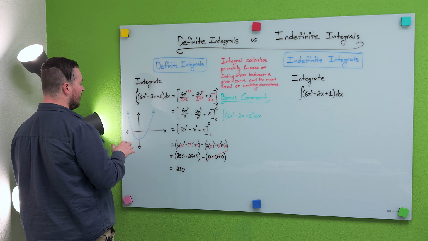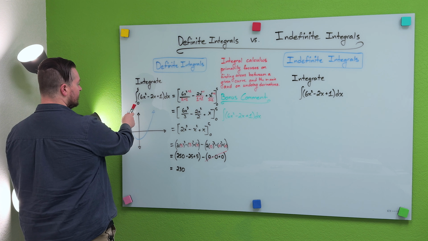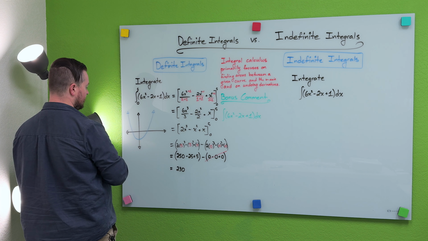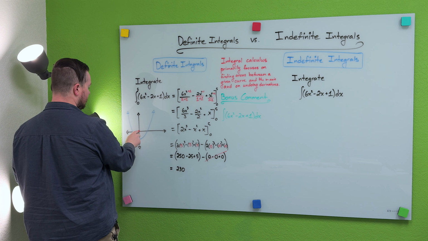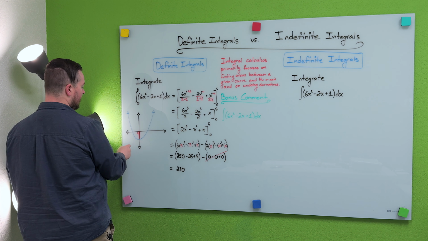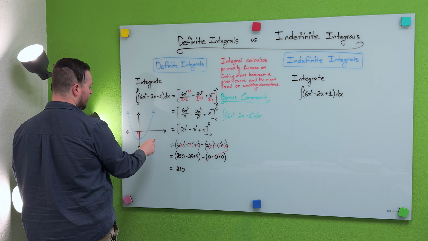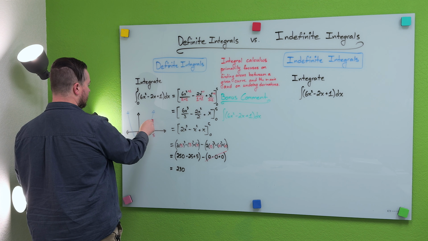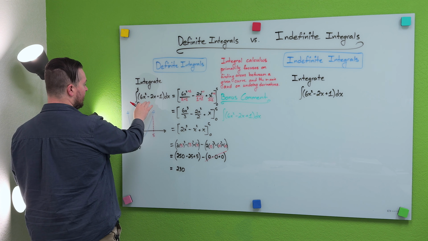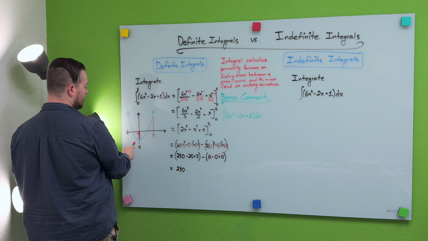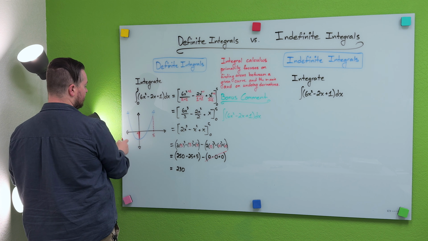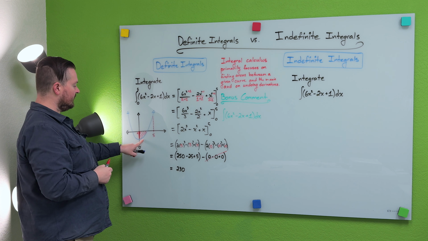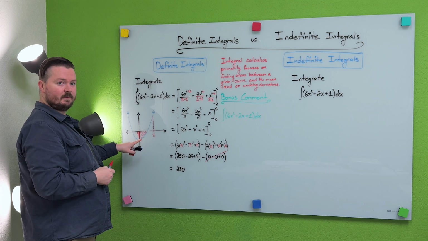Not only that, but we are interested in only the space between x equals 0 and x equals 5. So we want to know the area between this curve and the x-axis between x is 0 and x is 5. This would be the space between the curve and the x-axis initially.